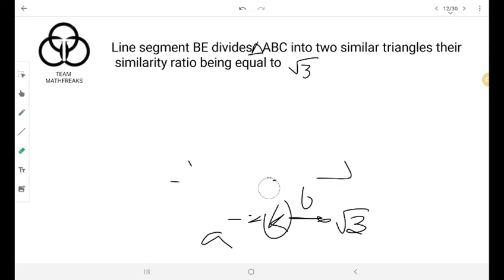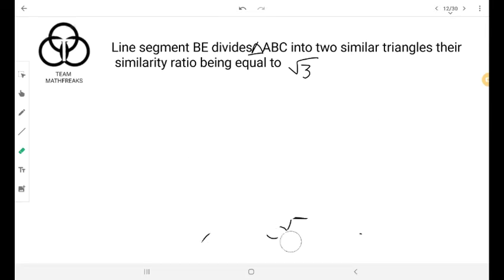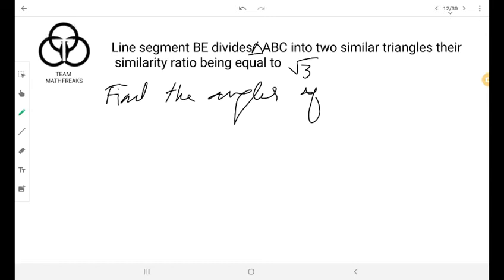Line segment BE divides triangle ABC into two similar triangles, their ratio being equal to root 3. What we have to do? Find the angles of triangle ABC. We have to do this. Beautiful question.